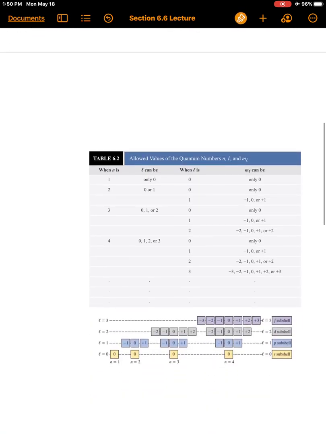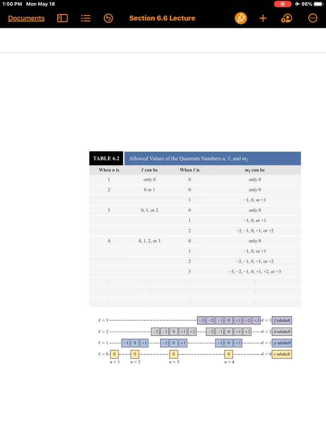Now, here in table 6.2 are some rules about the numbers. We're going up to n equals 4. On occasion, we go higher than 4, but this is good for instructional purposes. Some of the heavier elements in the periodic table, we would want to have n greater than 4.